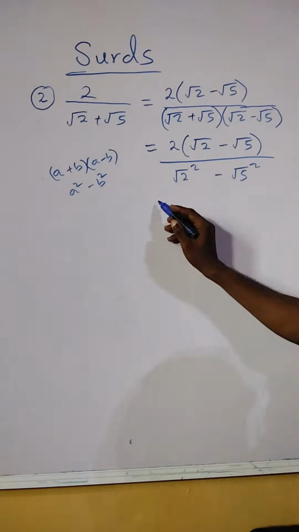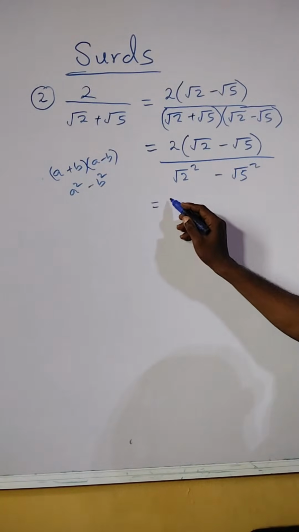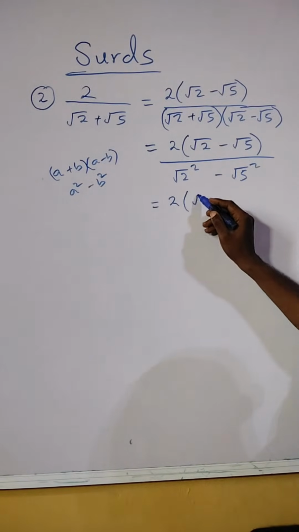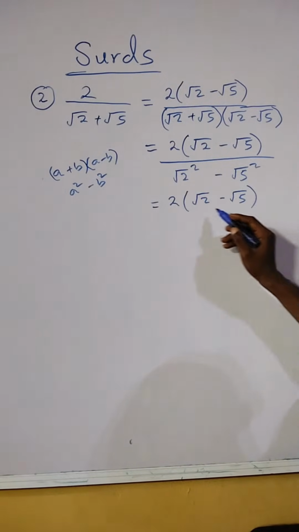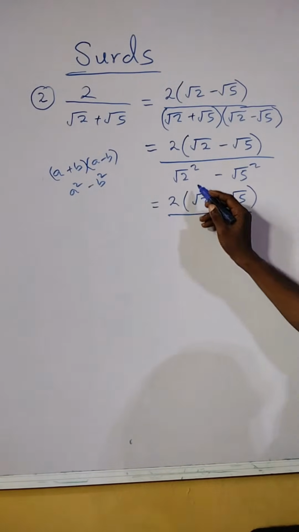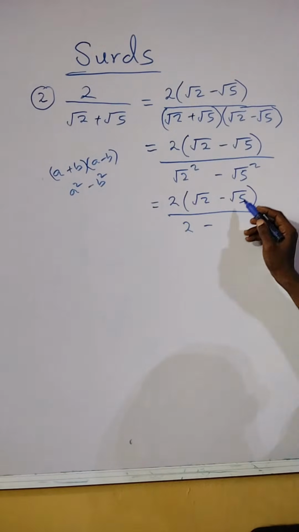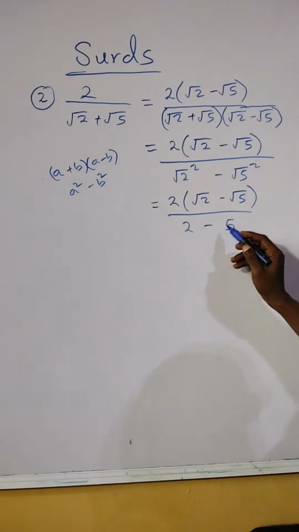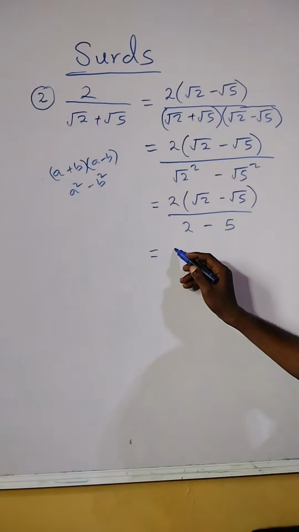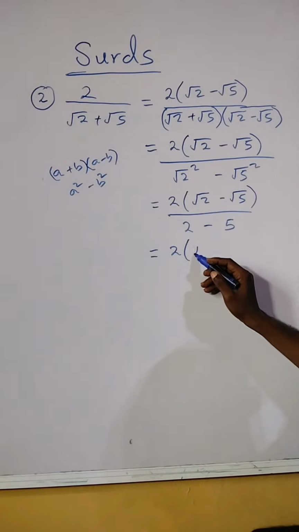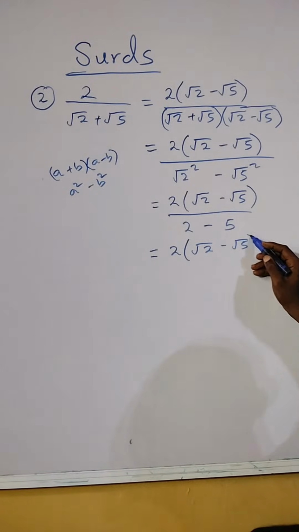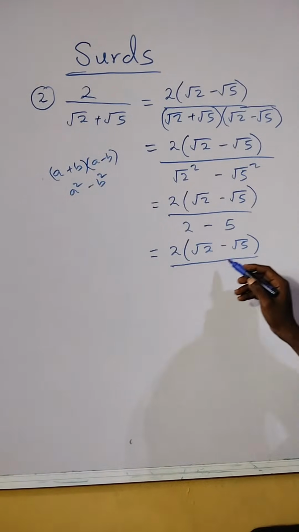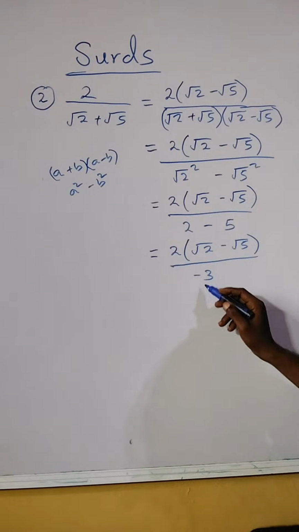That is, next step we have the same thing here, 2 into bracket root 2 minus root 5, close brackets, then divided by root 2 squared, that's 2, minus root 5 squared, that's 5. That is, we have 2 times root 2 minus root 5, then divided by 2 minus 5, that's minus 3.